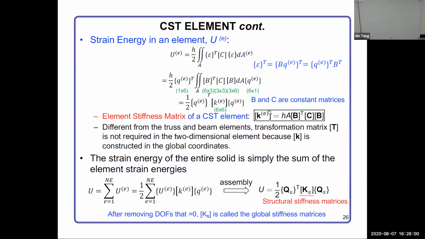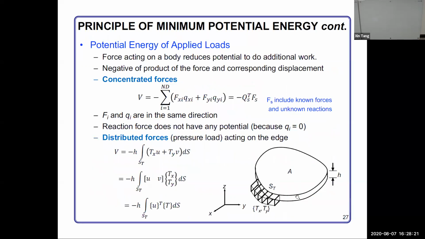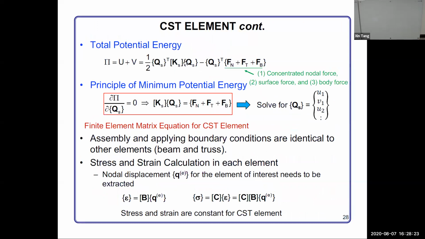And for each element, its element stiffness matrix equals the volume times the B matrix transpose times the elasticity matrix C. C is only a function of the elastic property of the material, okay? And then times the B matrix, okay? So eventually we will have the expression of the whole potential energy of the whole solid.